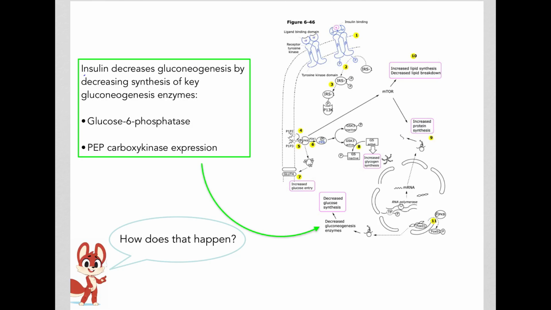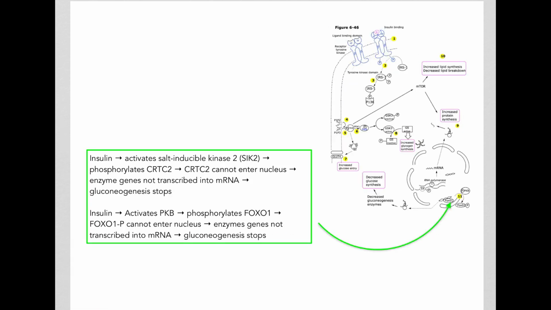Insulin decreases gluconeogenesis by decreasing the synthesis of the key gluconeogenesis enzymes, especially glucose 6-phosphatase, as well as PEP carboxykinase. By decreasing the concentration of these enzymes, gluconeogenesis slows down or even stops. So let's see how this happens. Insulin will stop these complexes from working.